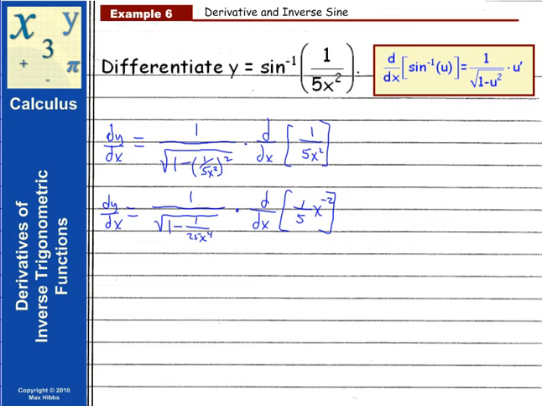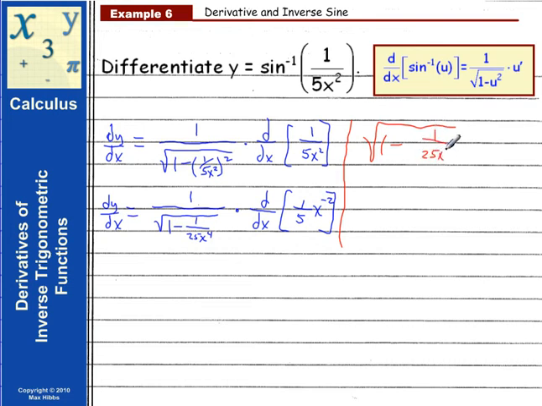This is going to have its own algebraic challenges here, so let's go over and look at this. In fact, I'm going to look only at the denominator of this fraction right now. So what I have is the square root of 1 minus the fraction 1 over 25x to the fourth.